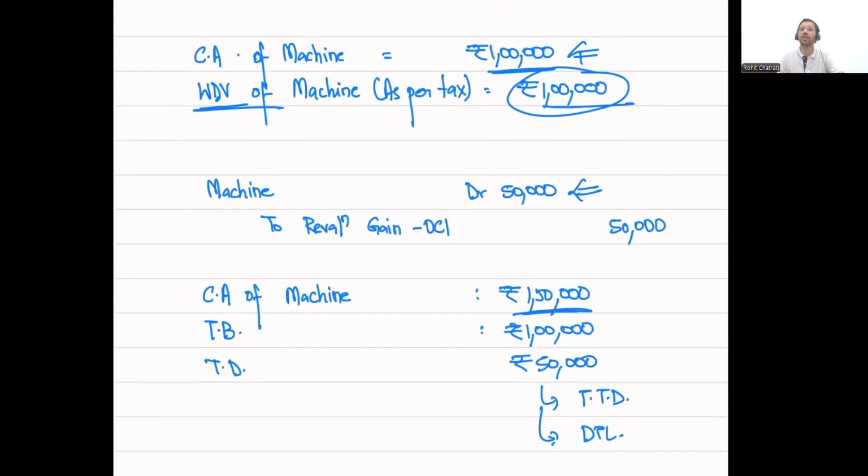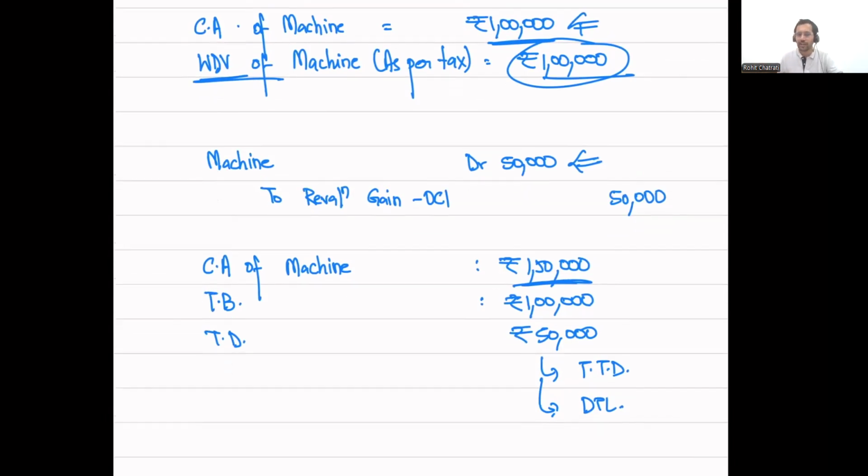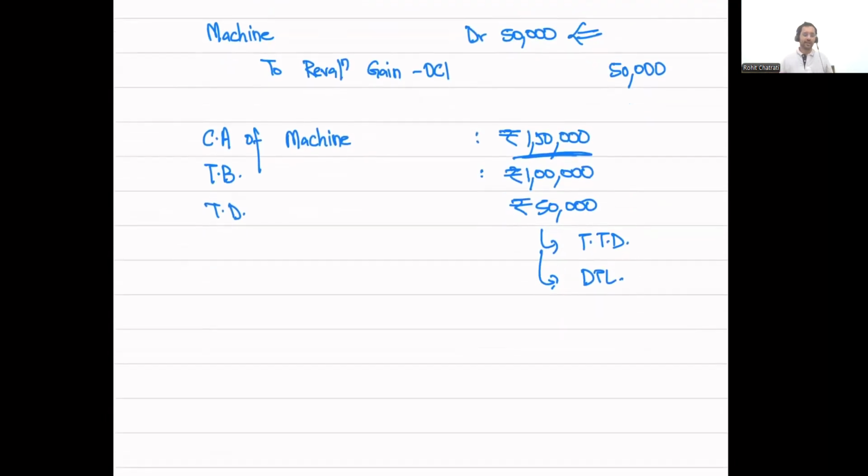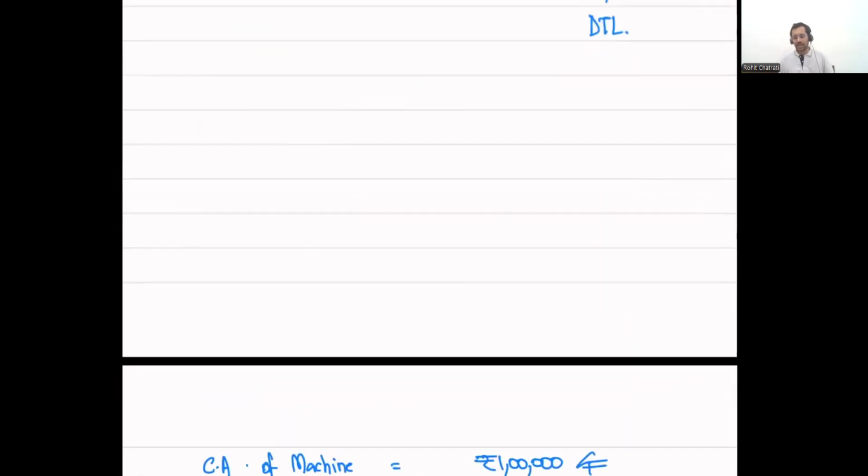The WDV here is 1 lakh rupees, which means the future depreciation deduction that I will get for tax purposes is 1 lakh rupees. Whatever is the WDV represents my future tax deduction. Therefore, I have a tax base of 1 lakh, and my temporary difference will be 50,000 rupees, which is a taxable temporary difference on which I will recognize a deferred tax liability.